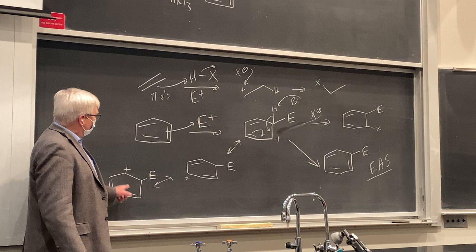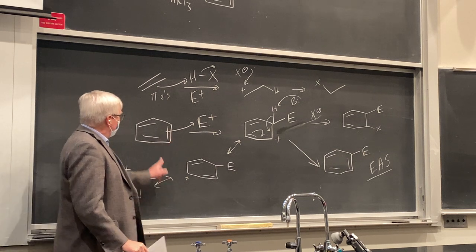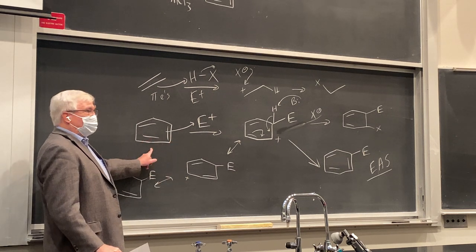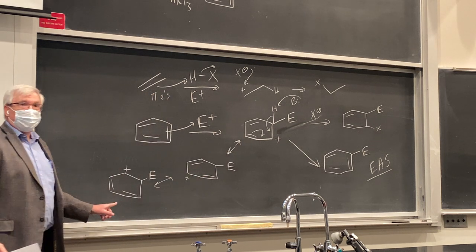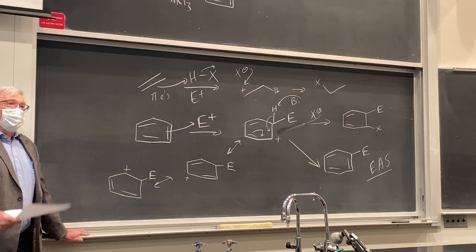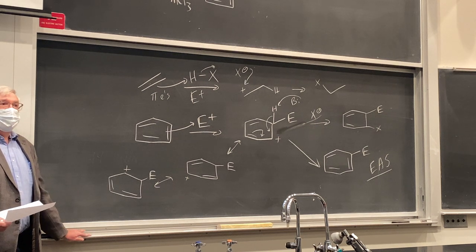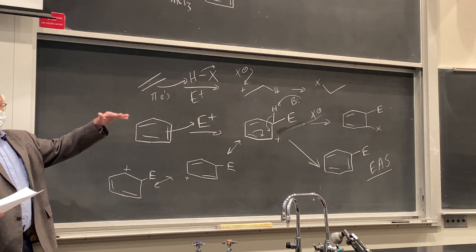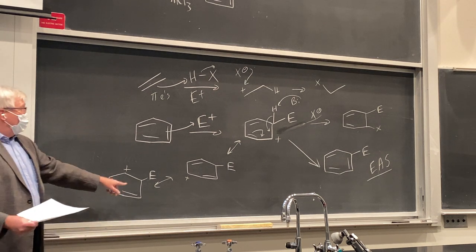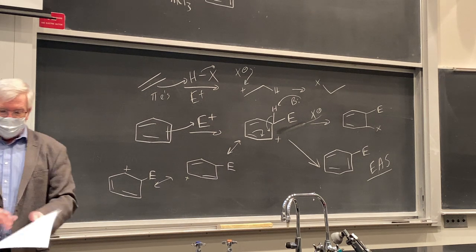Because if you already have something on here, that donor group or withdrawing group is going to affect the stability of our intermediate allyl cation. Sometimes it's called a pentadienyl cation. It doesn't matter. It's highly resonance stabilized. It's positively charged. It's higher in energy, but that's what it will look like.